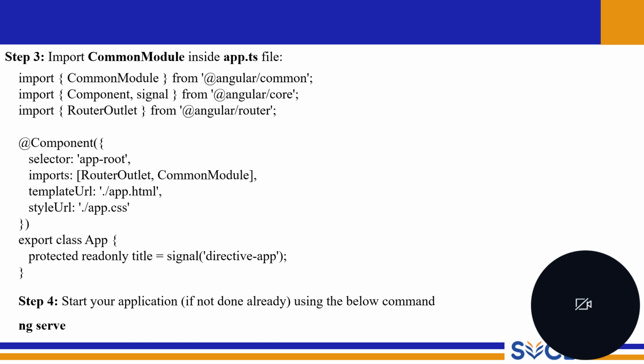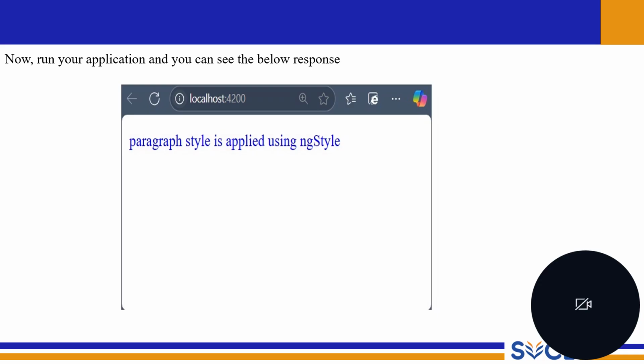Once that is done, you have to start your application using the command ng serve. Finally, you run your application in the browser. You see the output appear in blue color using ngStyle.